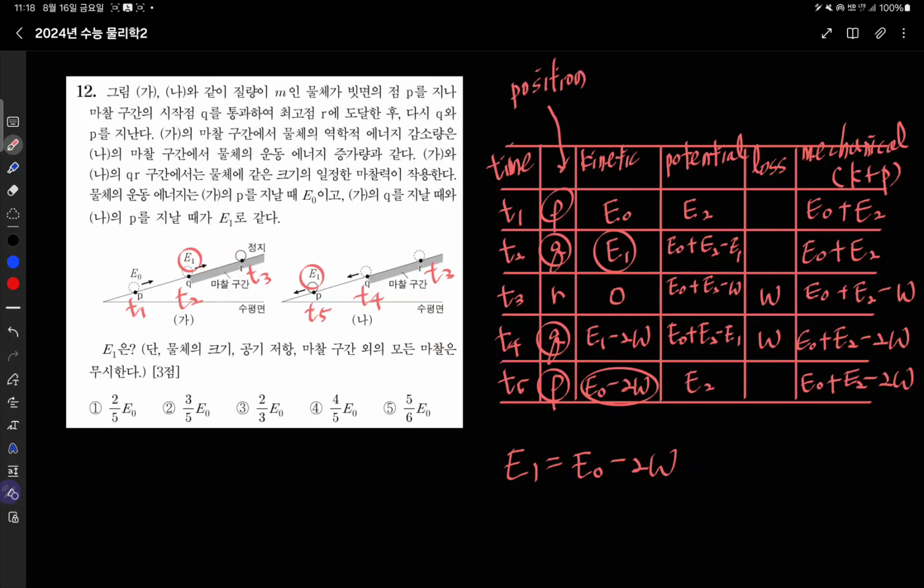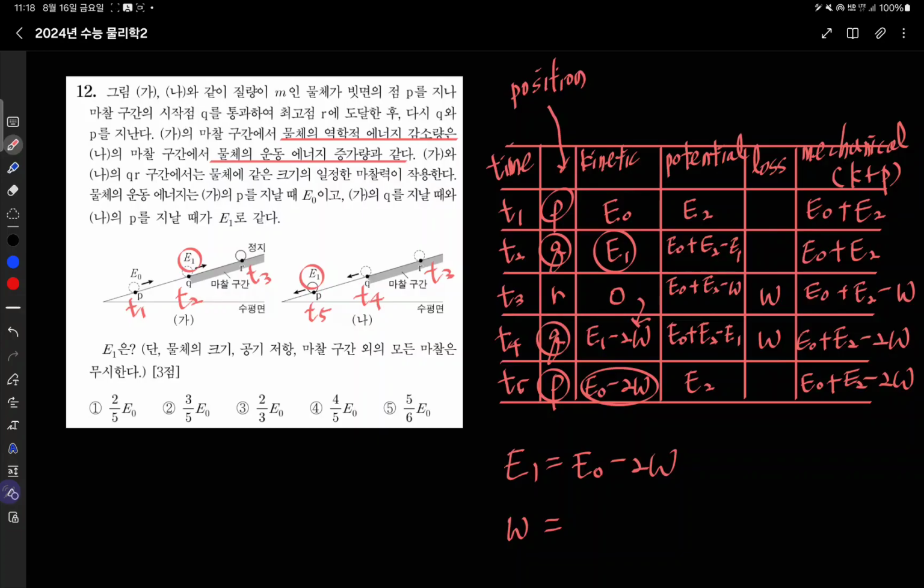And then the decrease in the amount of mechanical energy by friction, W, is equal to the increase of the kinetic energy from t3 to t4, this one.